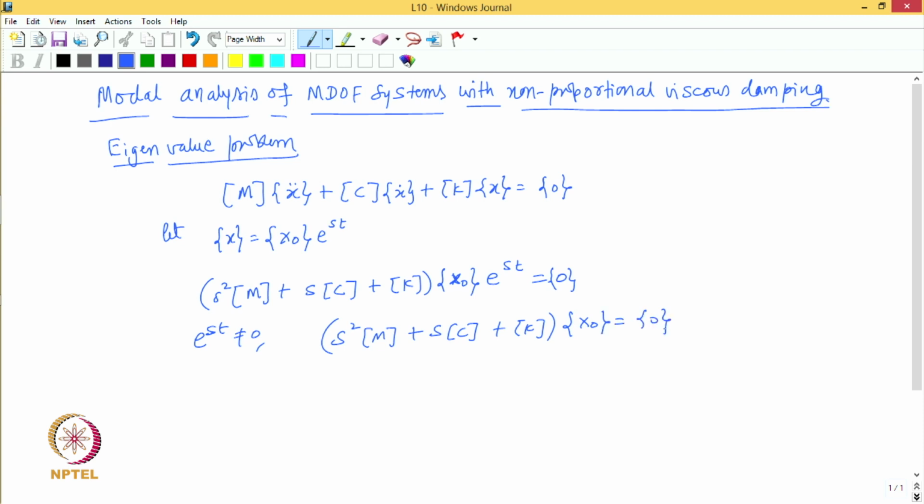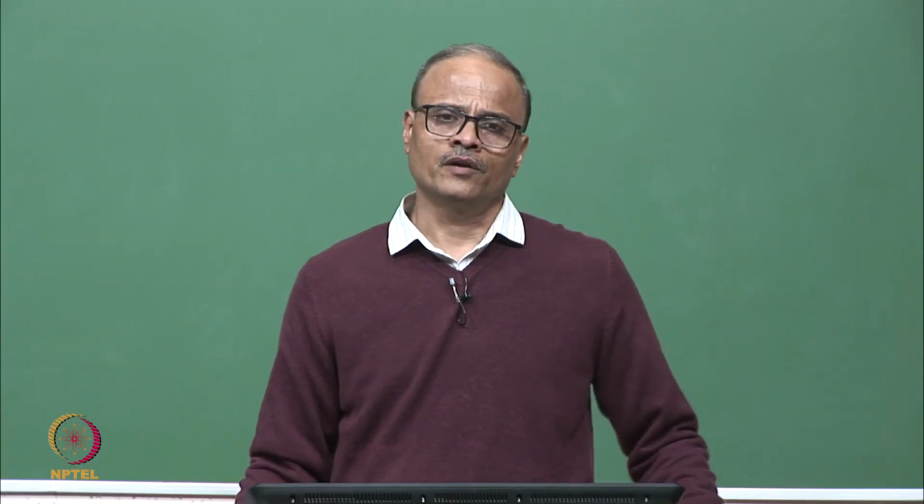So, this is again the quadratic eigenvalue problem, same as the one we got for the case of proportional viscous damping system, right. In the case of proportional viscous damping system, we use a modal approach to solve this problem, and we utilize the eigenvectors of the corresponding undamped model to define the eigenvalues and eigenvectors.